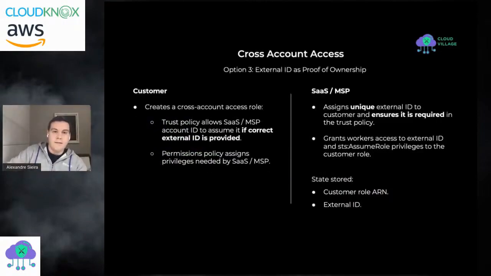The customer creates the role as before, but they add this extra condition to make sure that they're using an external ID that the SaaS vendor has created, right? And they, again, assign the correct privileges. The SaaS vendor now has to do more work, though.